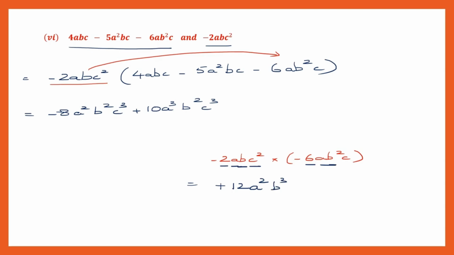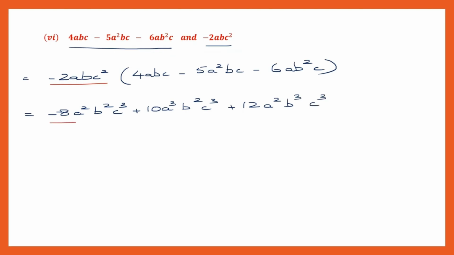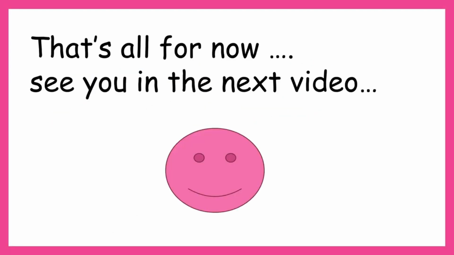Then we have c square and one more c here. That will make it c to the power of 3. So what do we have? Plus 12 a square b to the power of 3 and c to the power of 3. So we have a final answer here. Minus 8 a square b square c cubed plus 10 a cubed b square c cubed plus 12 a square b cubed c cubed. Thank you, children.